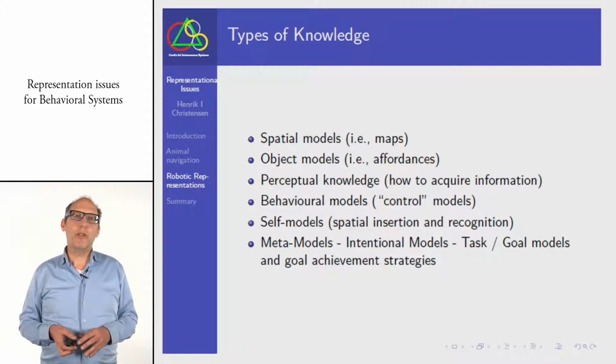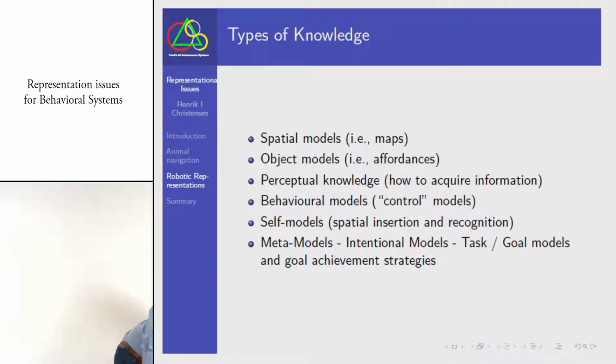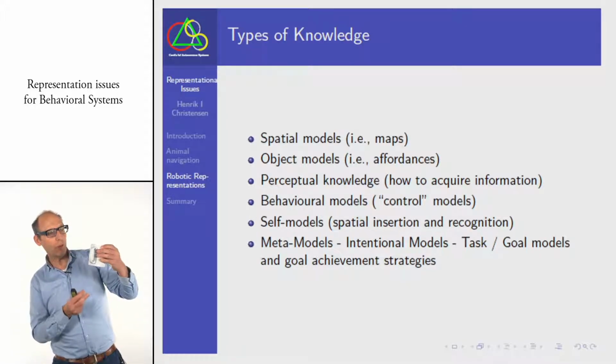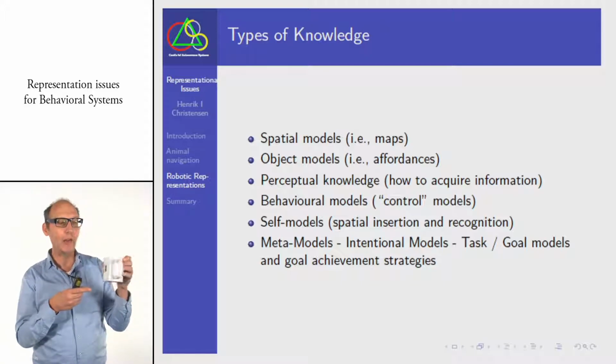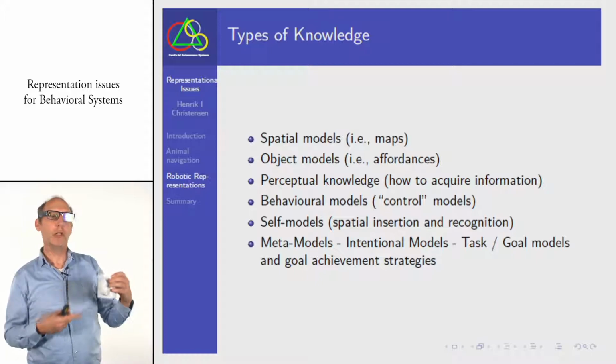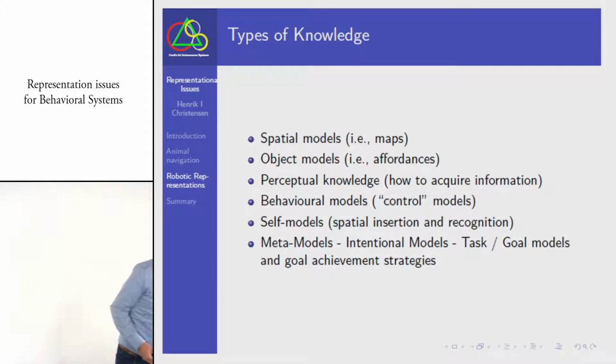What's also important is the information that you need in your behavioral models, and how to acquire it. If you have such a cup, I have a cup with me, and you want to see it from this side, you don't see the handle, but you know that if you turn it, you can actually see the handle, and that you know how to grab it.